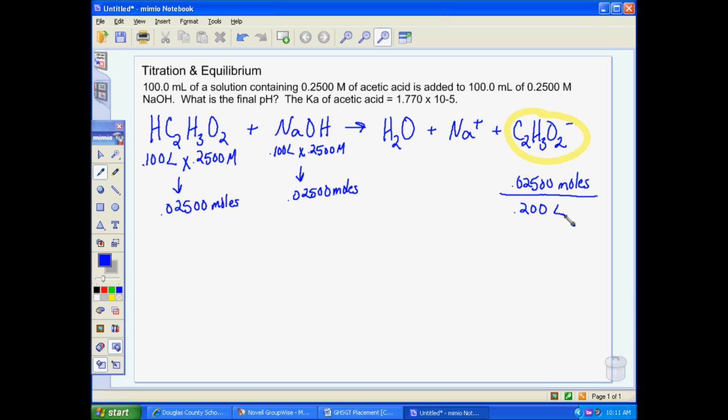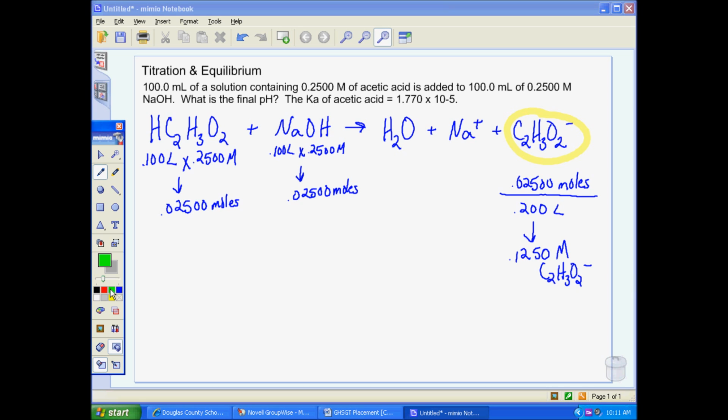And that's going to give us a concentration of 0.1250 molar. Now that we know the concentration of the acetate ion, we also know that it sets up an equilibrium, and we can go ahead and write that equilibrium expression from the equation.